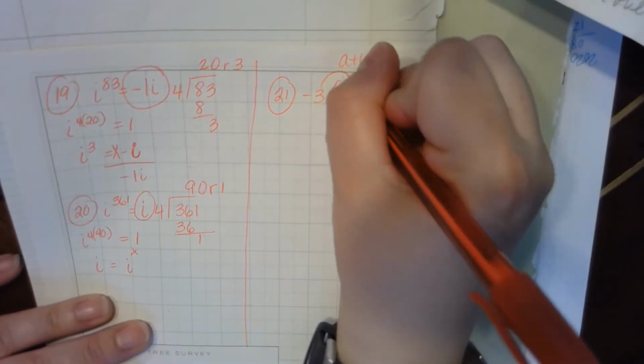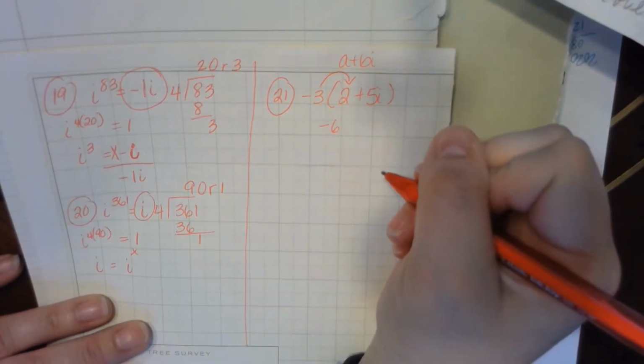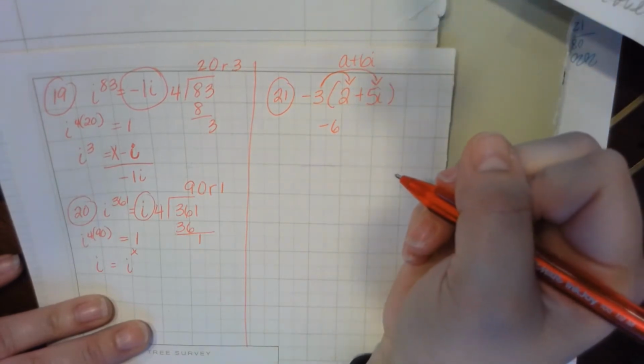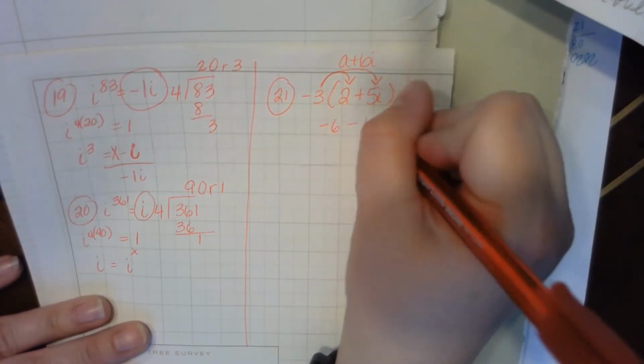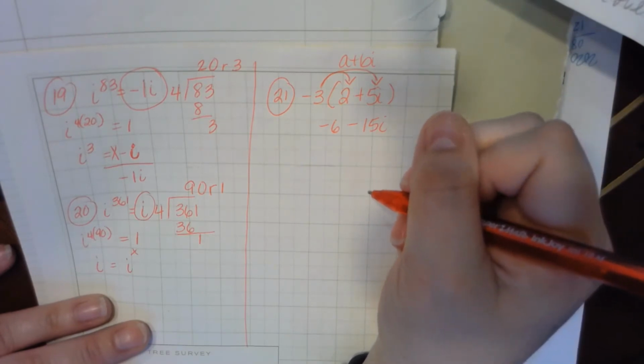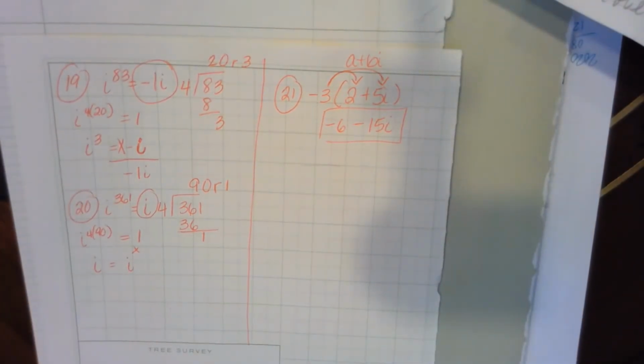So it'll just be -3 times 2, which is a -6, and then -3 times 5i, which will give me -15i. And that's pretty much it. You really can't simplify anything else there, so there's your answer.